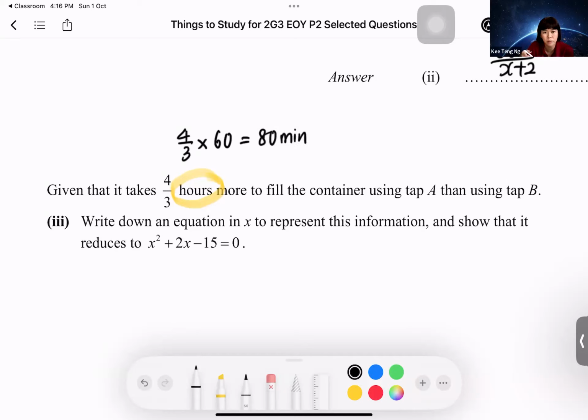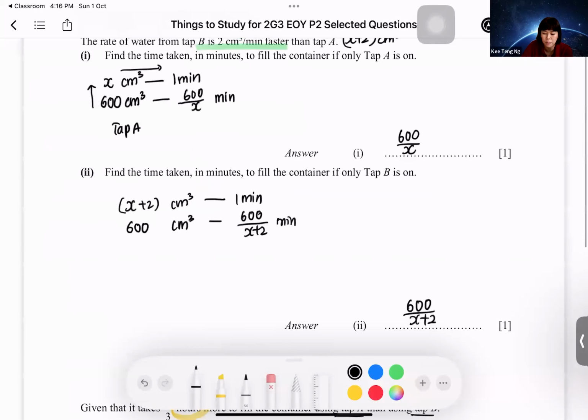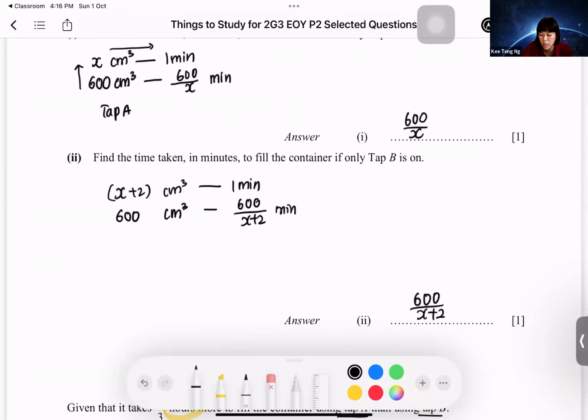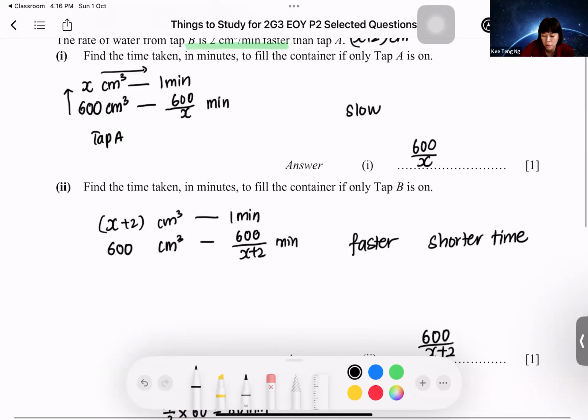If this is 80 minutes, I want to say it takes 4 over 3 hours more to fill using tap A than tap B. Why is that so? Which tap is faster? This tap over here is faster, so it takes a shorter time, and this tap is slower, so it will take a longer time.